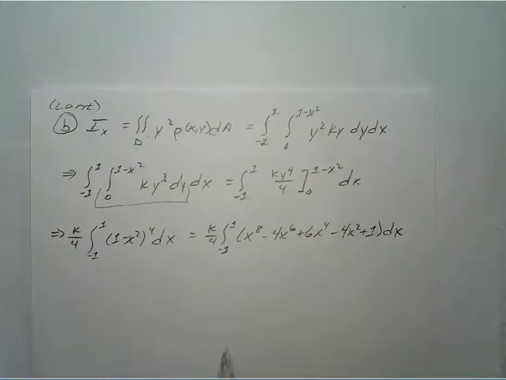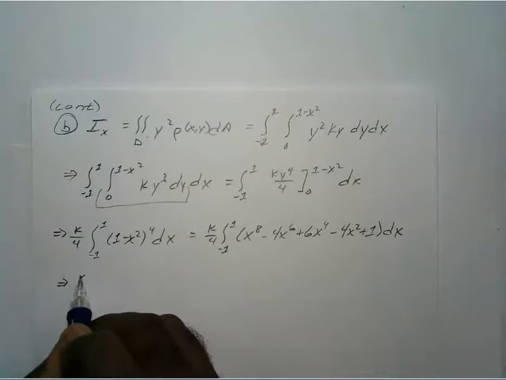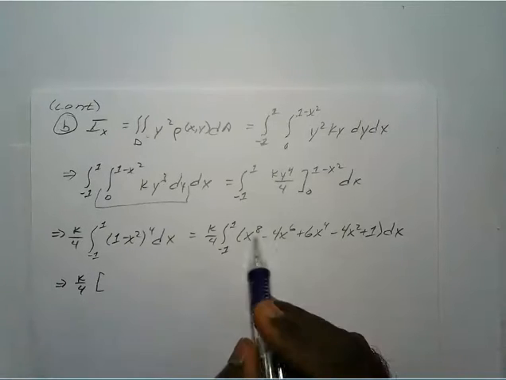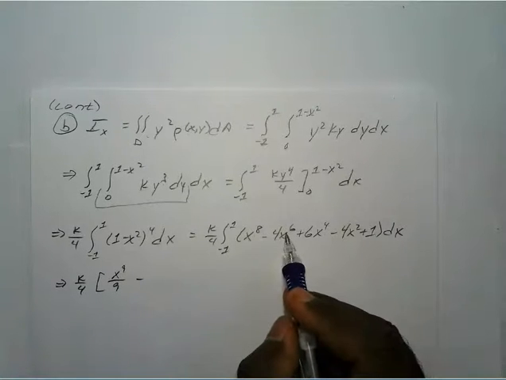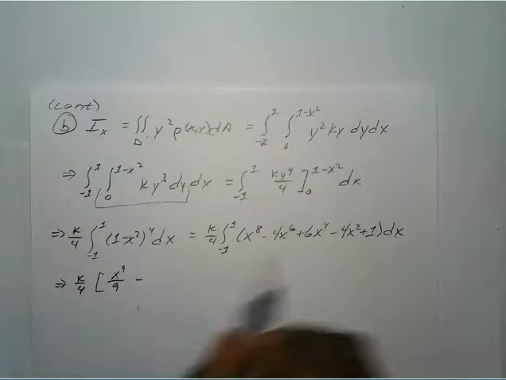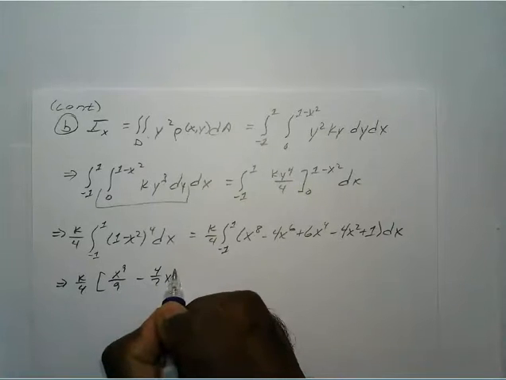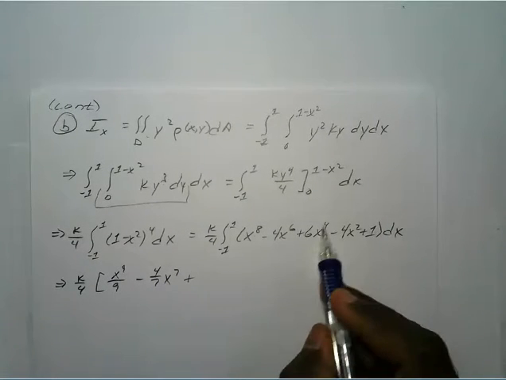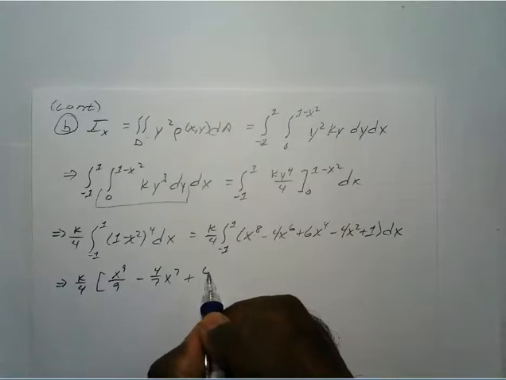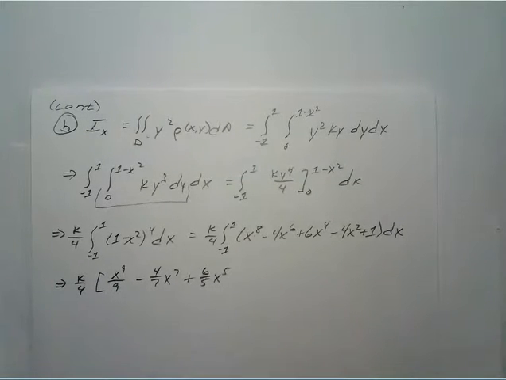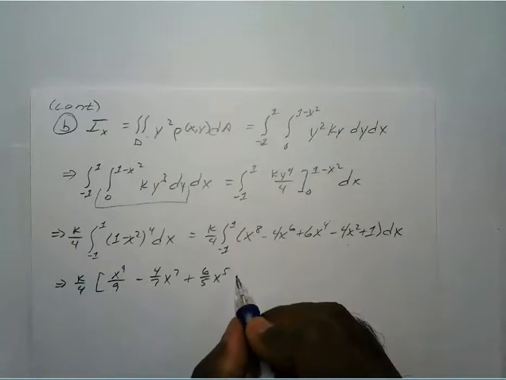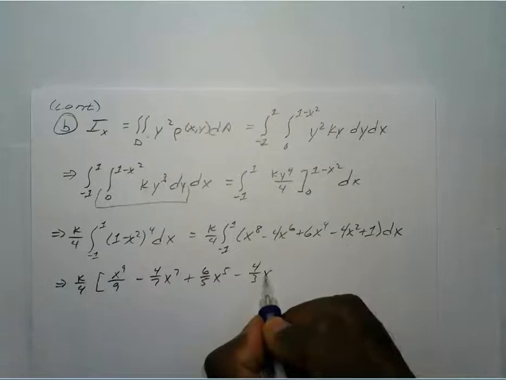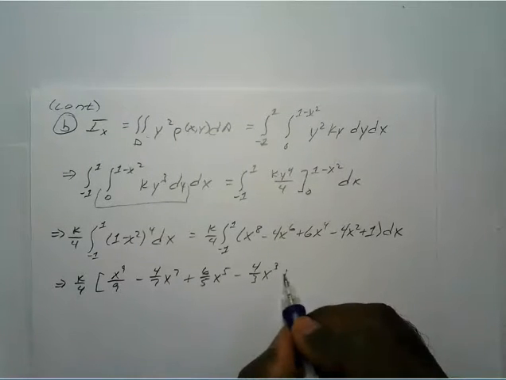All right. So if we go ahead and integrate each one of those terms with respect to x, we get k over 4 times x to the 9th over 9 minus 4 over, well, x to the 7th over 7, so that's 4 over 7x to the 7th, plus x to the 5th over 5, so that's 6 over 5x to the 5th, minus x to the 3rd over 3, so that's 4 over 3x to the 3rd, plus x.